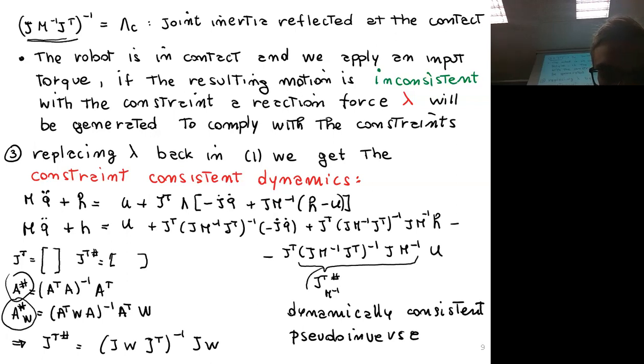But apart from the pseudo inverse, we see that the U variable appears as an identity matrix and as something times J transpose times J transpose pseudo inverse. And the same happens for the H. Here it is with the identity, and here with J transpose pseudo inverse. So we can collect this, and you will see we rewrite whatever we said.